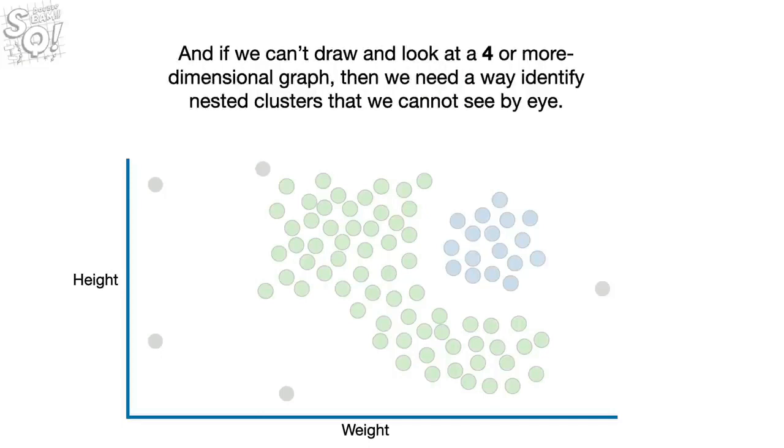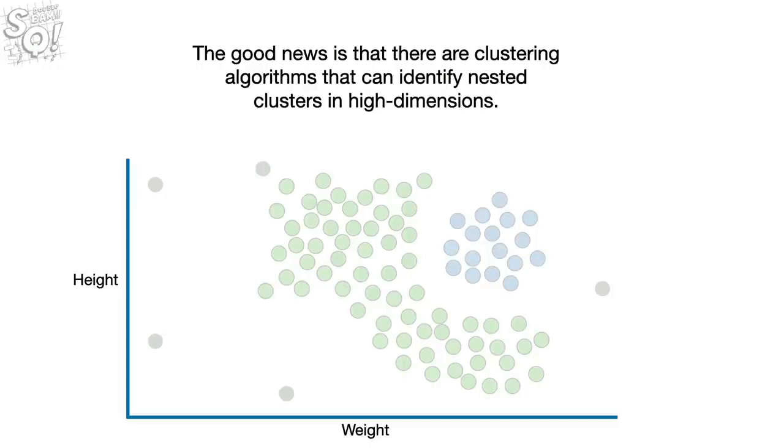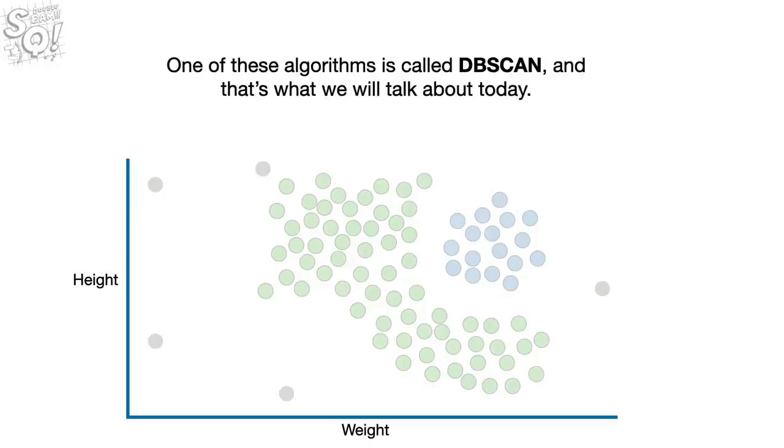And if we can't draw and look at a 4 or more dimensional graph, then we need a way to identify nested clusters that we cannot see by eye. The good news is that there are clustering algorithms that can identify nested clusters in high dimensions. One of these algorithms is called DBSCAN, and that's what we'll talk about today.